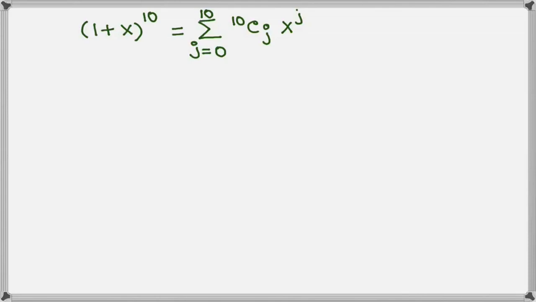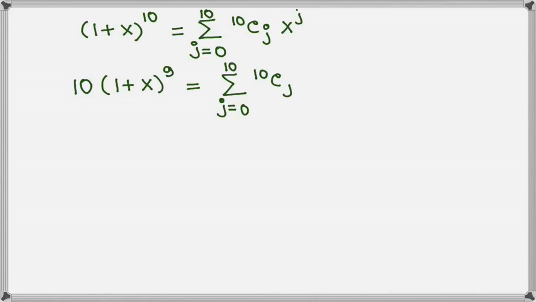We get 10 into (1 plus x) to the power 9 is equal to the sum from j equals 0 up to 10 of Cj into j into x to the power j minus 1. Now we put x equal to 1 in both sides of this equation.